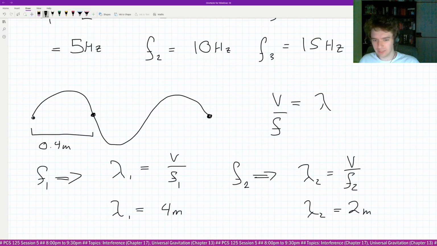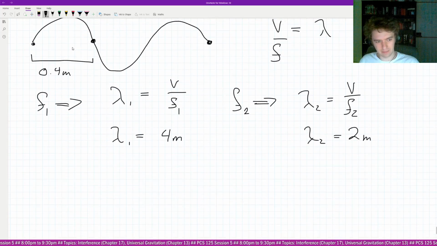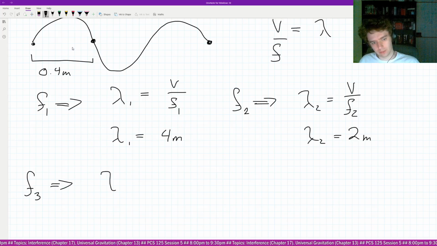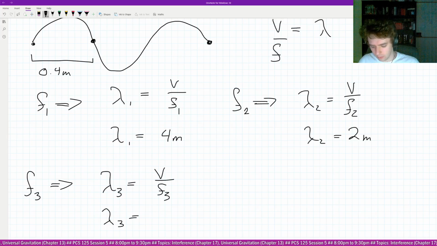Hopefully lambda 3 is the one that gives it to us, and if not, then we have trouble. F3, which gives us lambda 3, is V over F3. So lambda 3 is V over 15, which is 1.3333.